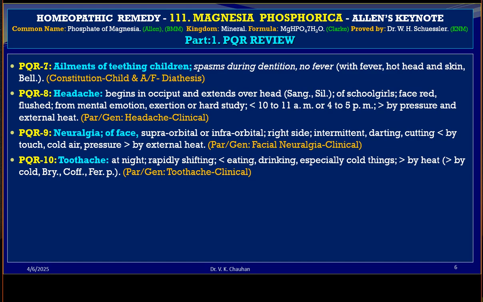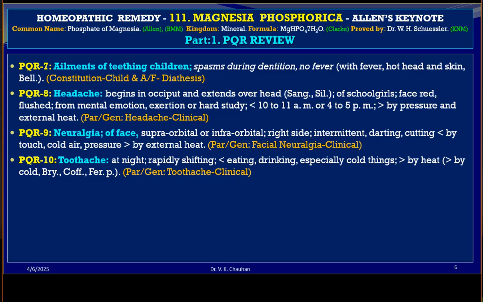Friends, we go to PQR10. Here we have the toothache, which is worse at night, rapidly shifting, worse by eating, drinking, especially cold things, and better by heat. So this is a neuralgia. This is not a pain in the teeth because of caries or gingivitis or pulpitis.